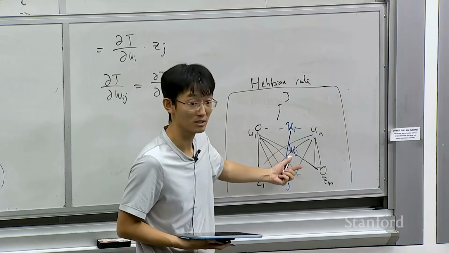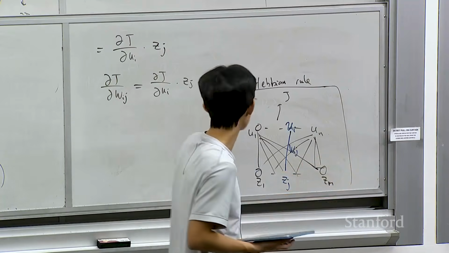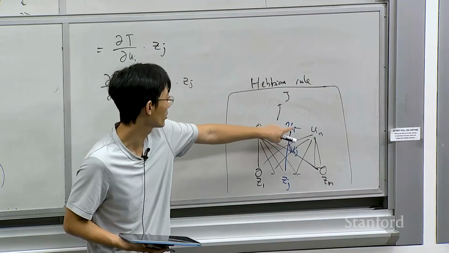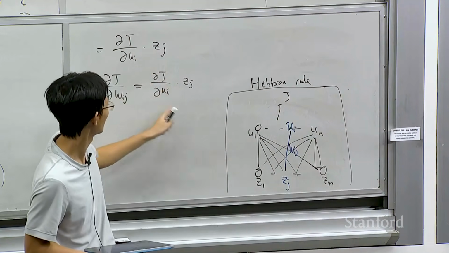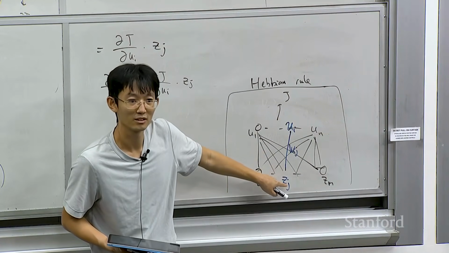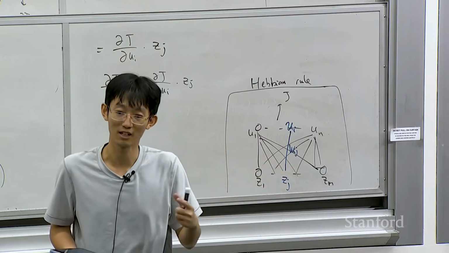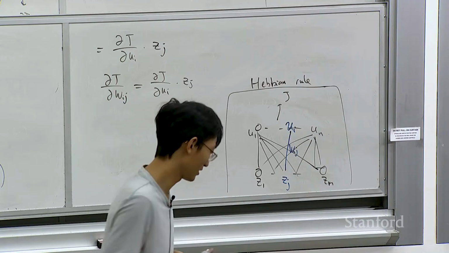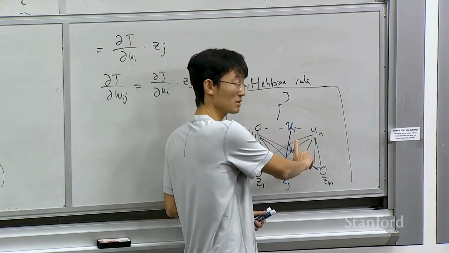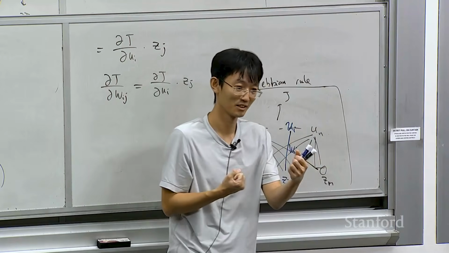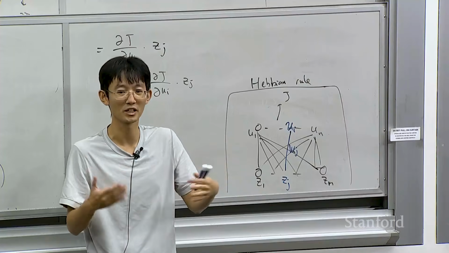And the claim is that if you care about the gradient of this W_ij, it is equal to the gradient with respect to u_i, the output it connects to, times the raw input z_j on the other end of the edge. In biology they say this is a Hebbian rule because the update to the synapses is the gradient, or sometimes they call the gradient the error.